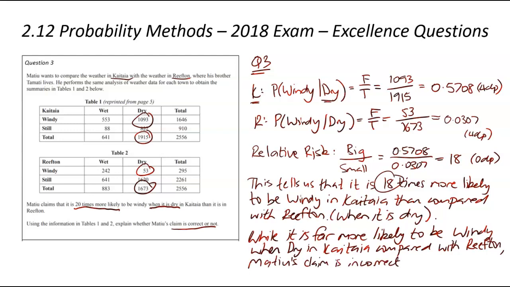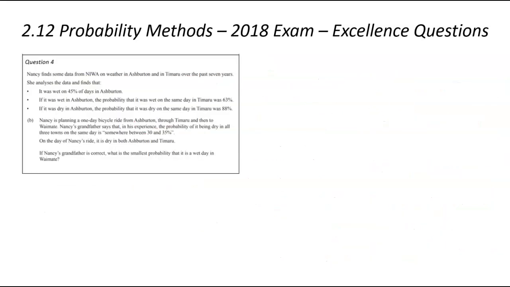So maybe if that 18 number was something like 19.8 or getting real close to 20, you could probably say, oh, yep, he's all good. But this time around, 18 is just a little too far away from 20 for my liking. So I'm going to state that the claim is incorrect.